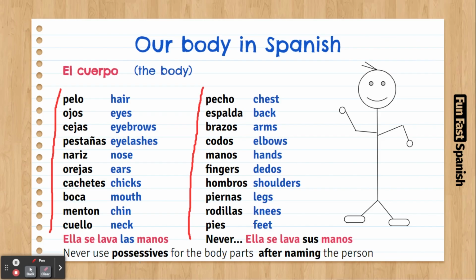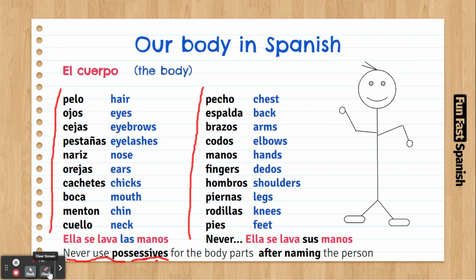With this kind of verb, you never use possessives. For example, in English, you say, I dry my hands, right? To dry your hands. So it's yo me seco las manos. So I don't say yo me seco mis manos. It's like I dry my hands. You say yo me seco las manos.